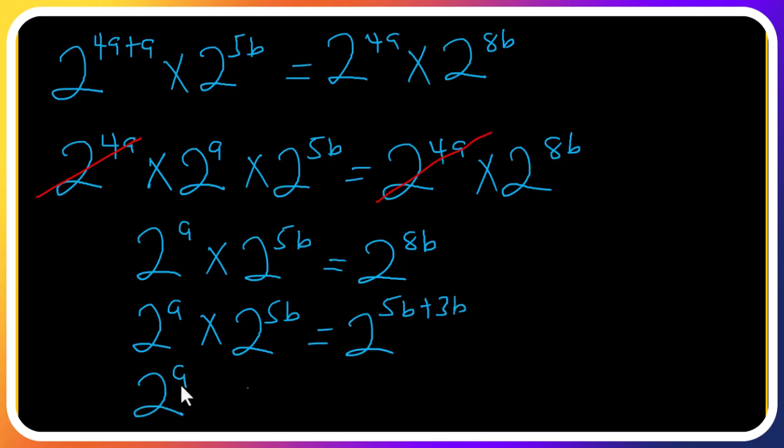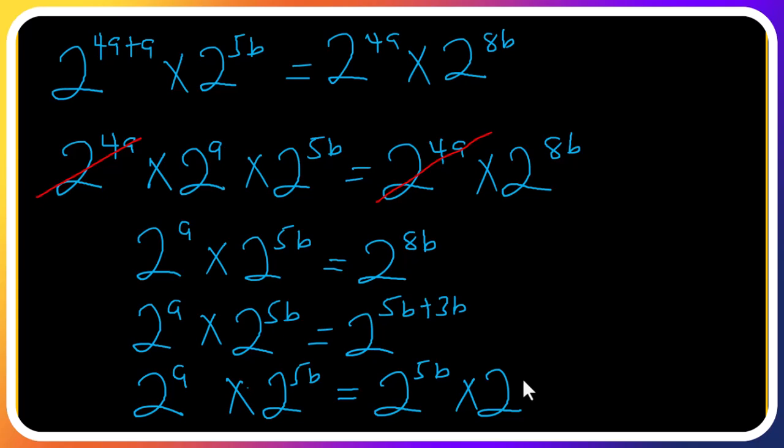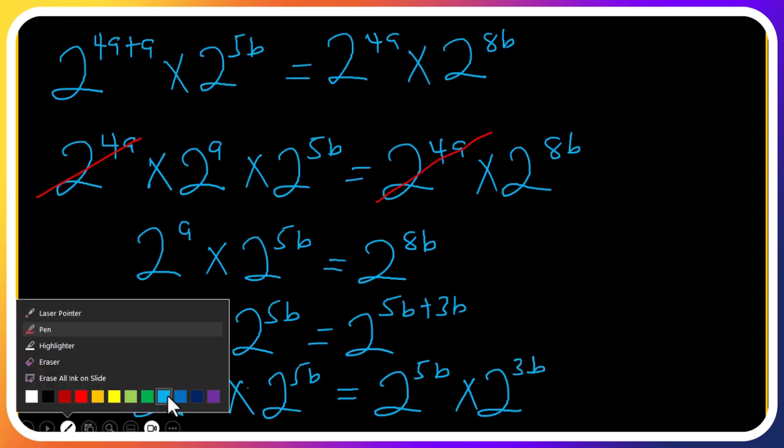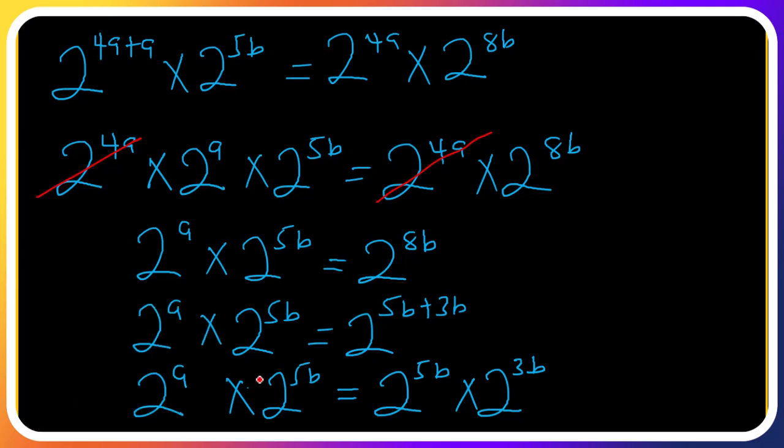That is 2 raised to the power 5b times 2 raised to the power 3b. Now we have a common index form that could be eliminated. 2 raised to the power 5b gets rid of 2 raised to the power 5b.